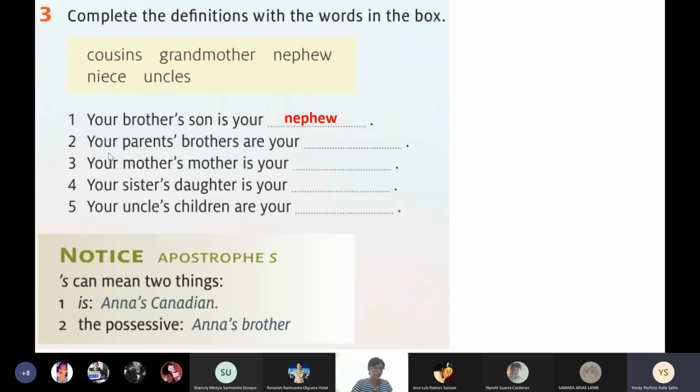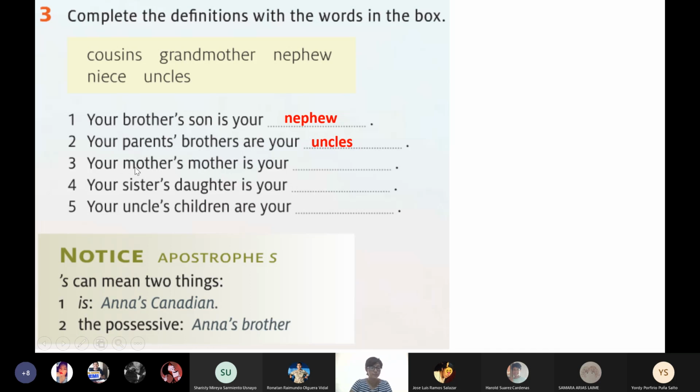Your parents' brothers are your... cousins. Your parents' brothers are your uncles. Perfect. Your parents' brothers are your uncles, right? So here the important word is brothers. The brothers of your parents are your uncles. Okay, thank you so much, Jordi.